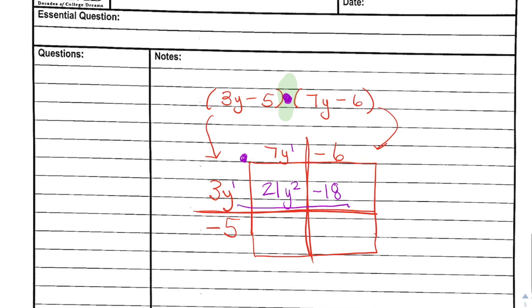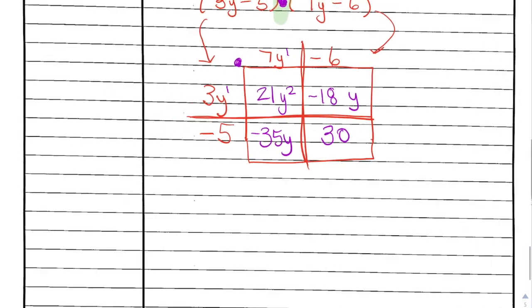And I've got 1y to bring over here. So negative 18y. Negative 5 times 7, negative 35. 1y between the two of them. And negative 5 times negative 6 gives us a positive 30. So again, be careful if you're doing these on your own to use your calculator.